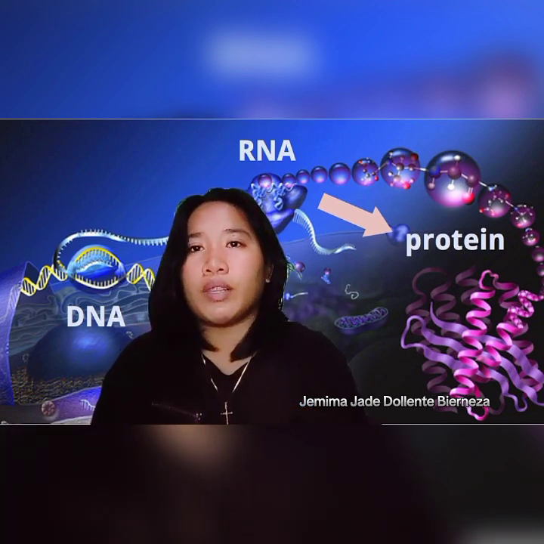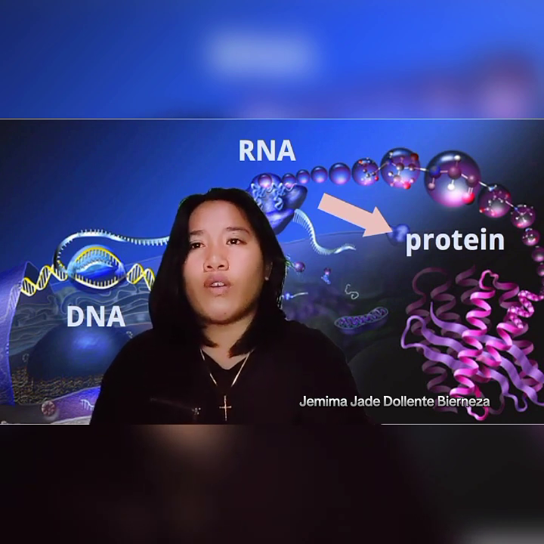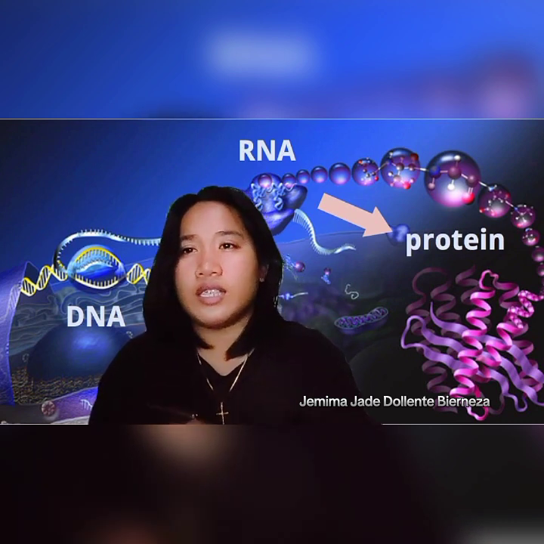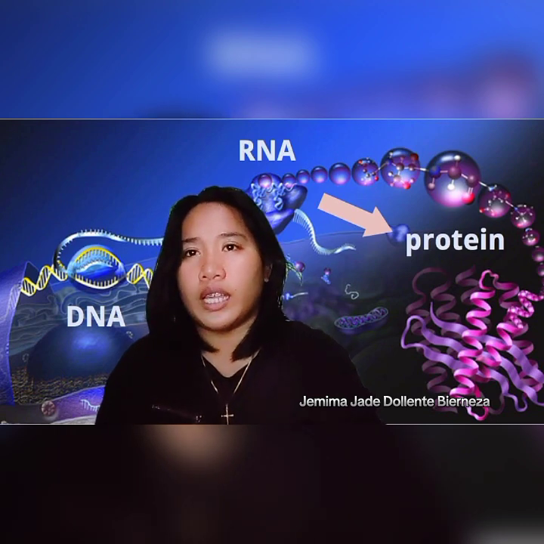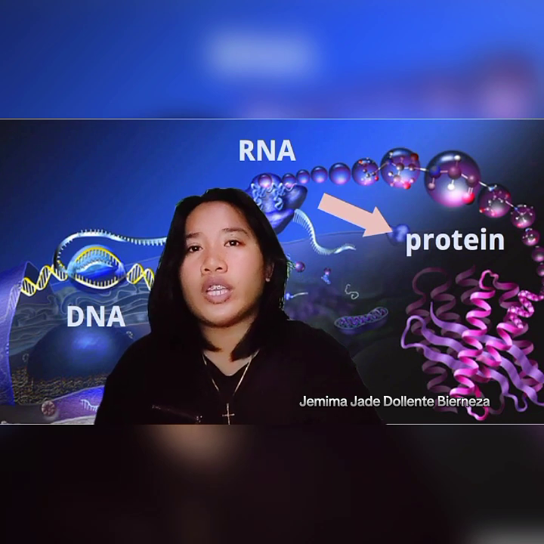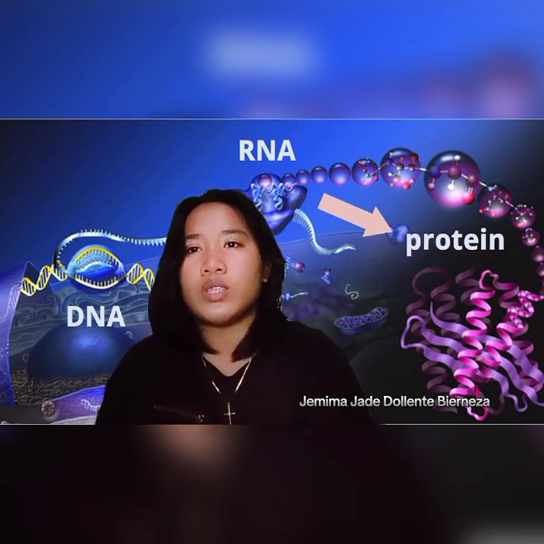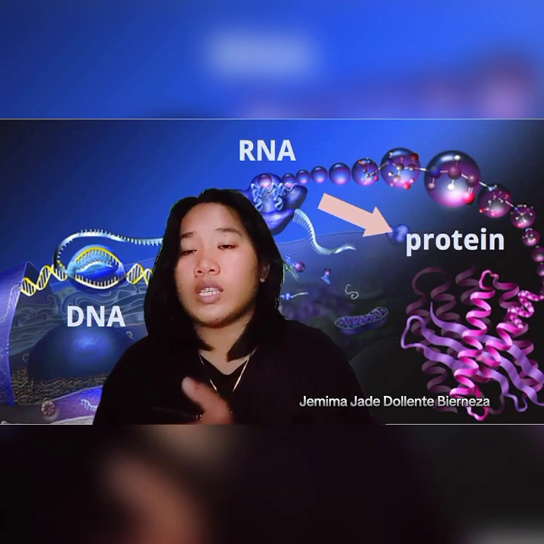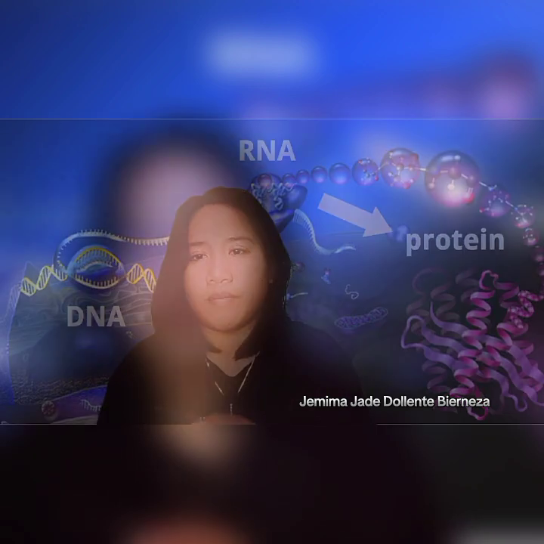The RNA polymerase reaches a termination signal and the newly formed RNA strand is released. The result of transcription is messenger RNA, or mRNA, which carries the genetic information from the DNA in the nucleus to the ribosomes in the cytoplasm, where protein synthesis occurs.